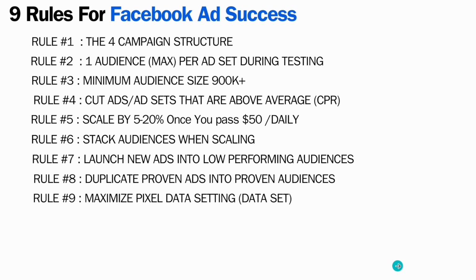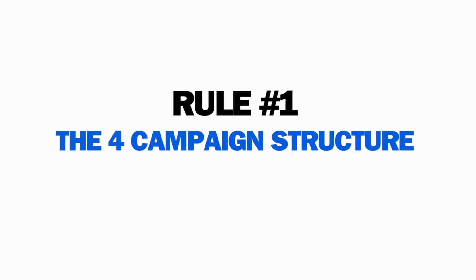Rule 5, scale by 20% once you pass $50 ad budget daily. Stack audiences when scaling. Launch new ads into low performing audiences. Duplicate proven ads into proven audiences. Maximize pixel data set.